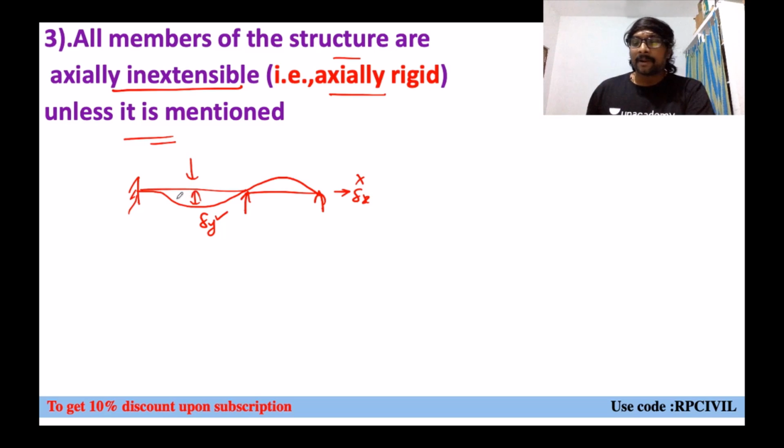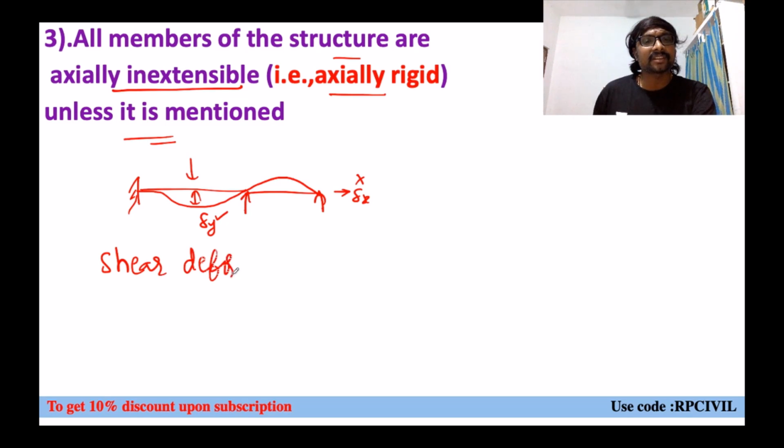Deflections or deformations in the length direction of the members are negligible. Length direction of the members means axial deformations, right? Deflections in the width direction or cross section direction of the member are considered. Means shear deformations we are considering? Yes, shear deformations we are considering.